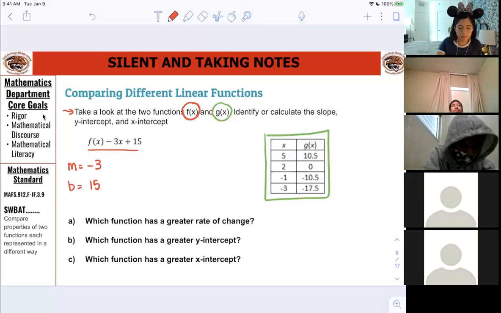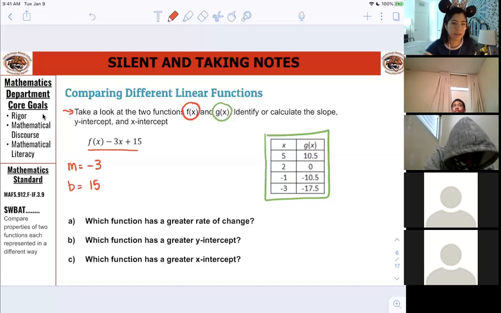And how do I do that? Who remembers? We just did it together. How do I figure out the x-intercept? Isn't it y equals -3 plus 15?